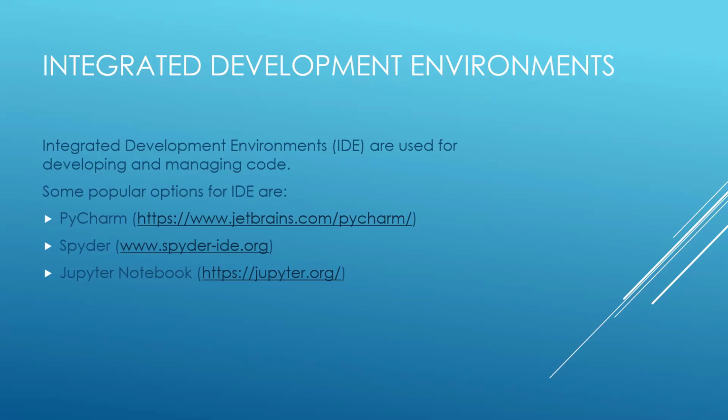And essentially, an integrated development environment is a front end that you use for developing your Python product. It just generally makes things easier in terms of your coding, your editing, your debugging, running your code to see if it's doing what you intend for it to do. And there are various popular options for doing IDE, as it's known. There's something called PyCharm, another product called Spyder. There's Jupyter Notebook.